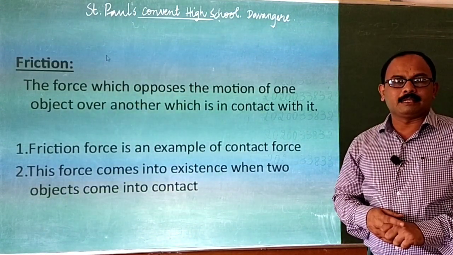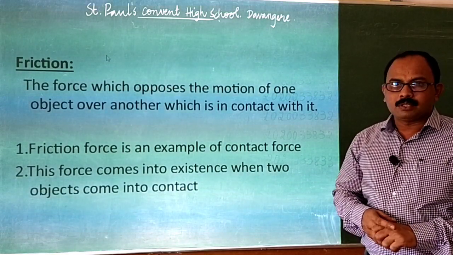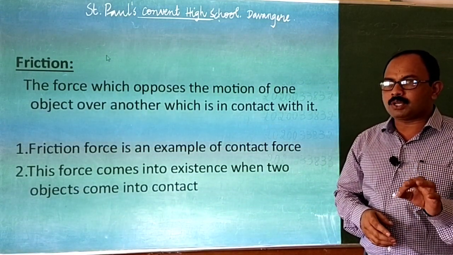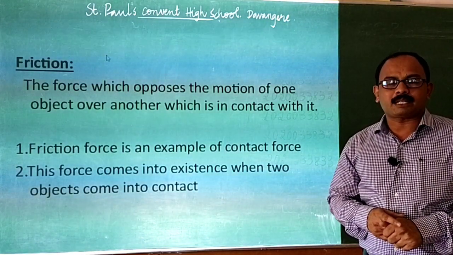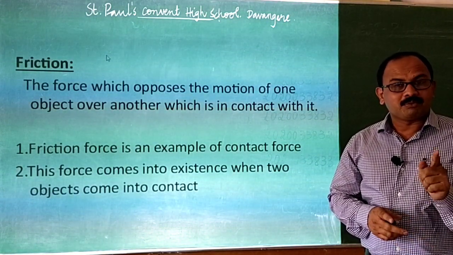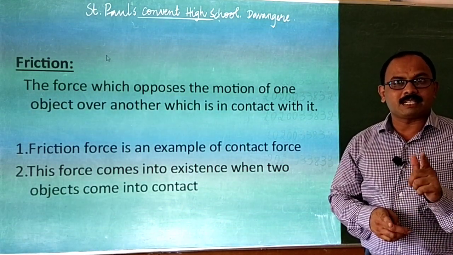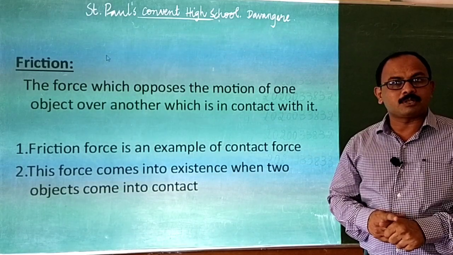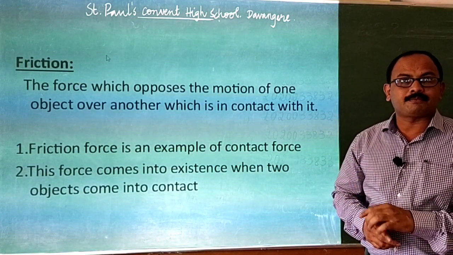Therefore, how do we define the term friction? The force which opposes the motion of one object over another which is in contact with it. Therefore, we say it is an example of contact force. We have seen in our previous class of force and pressure. It is an example of contact force.